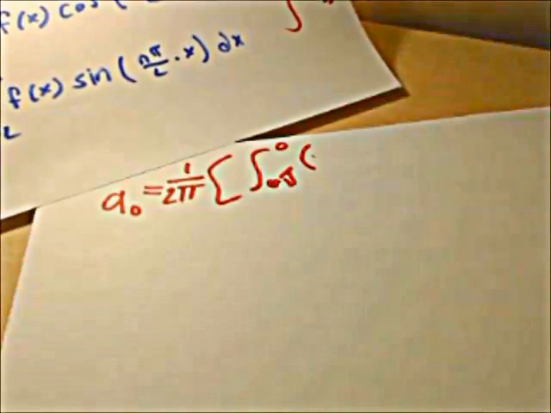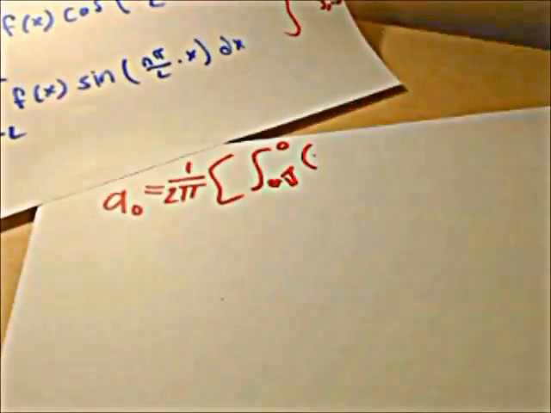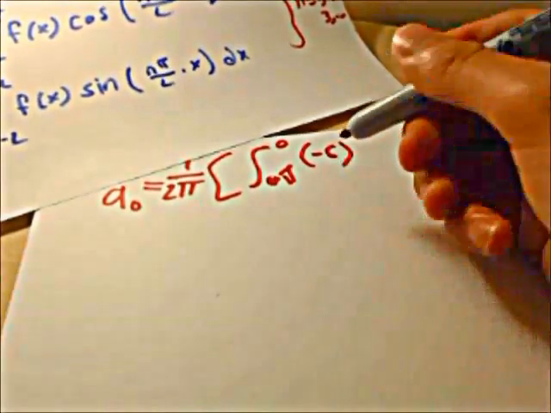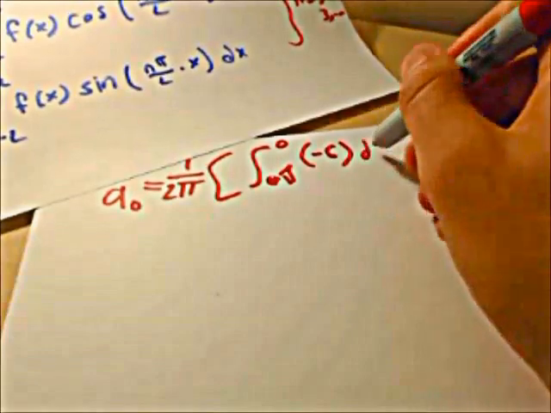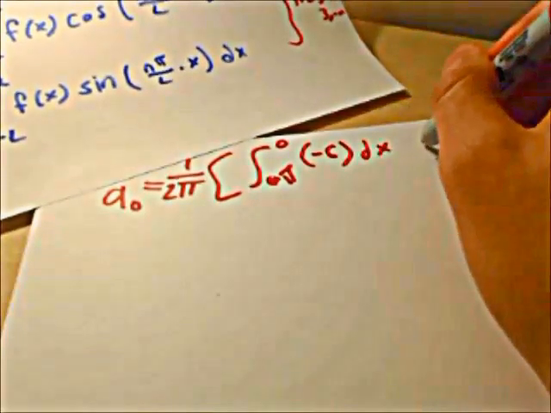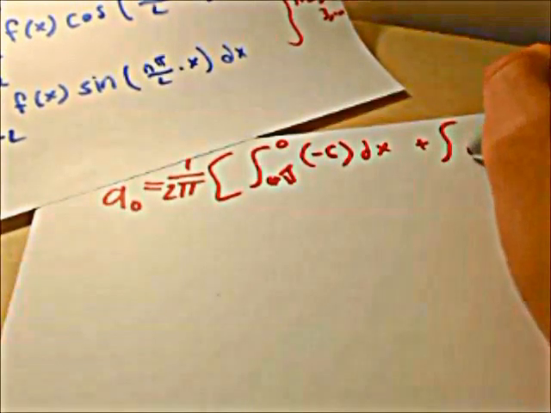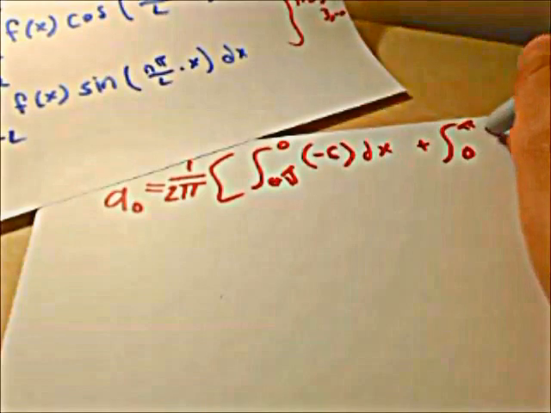Well, the f of x here is minus c, because we're trying to model minus c, integrate this bit of minus c. So f of x is minus c. Obviously it can be minus 1, minus 2, but c is just short for constant, dx. And then plus the integral, this time from 0 to pi, of positive c dx.